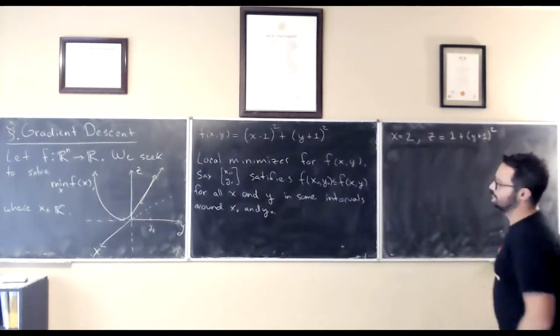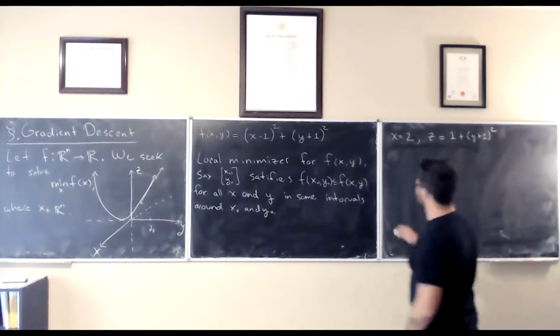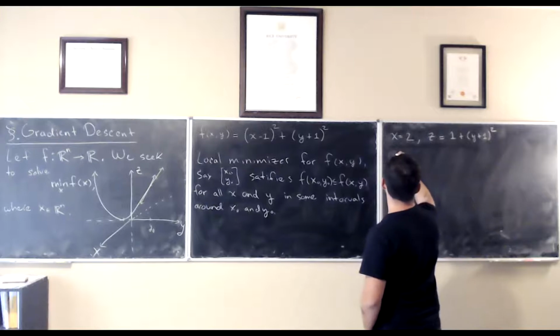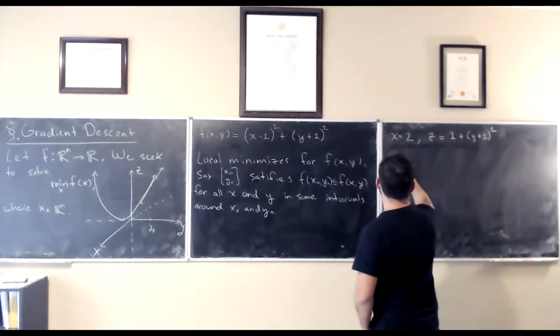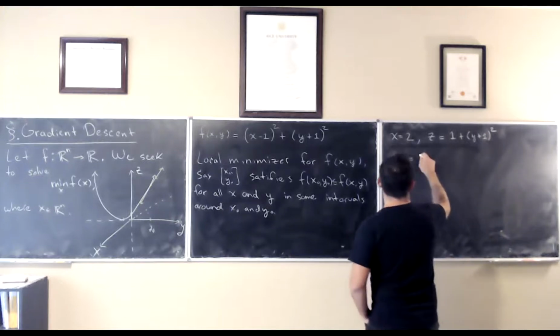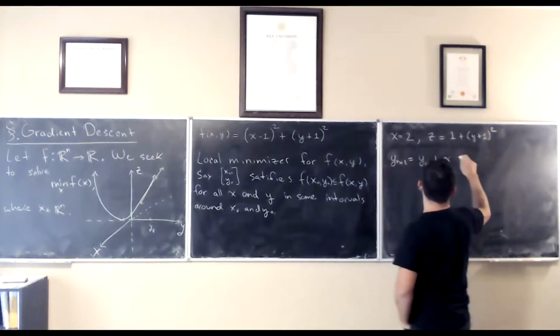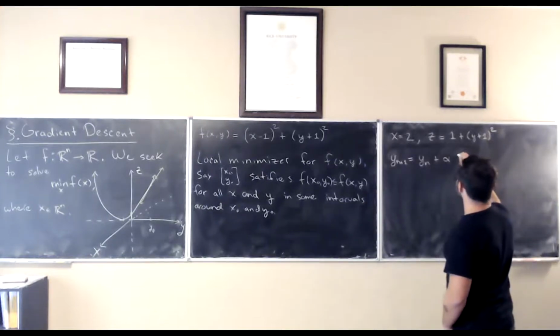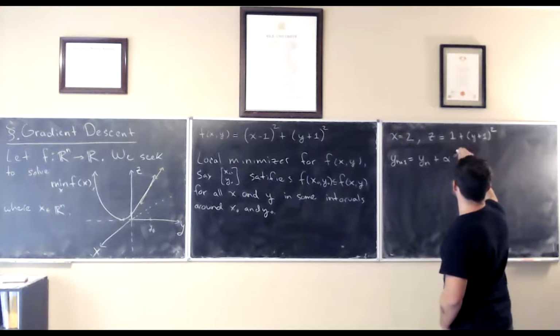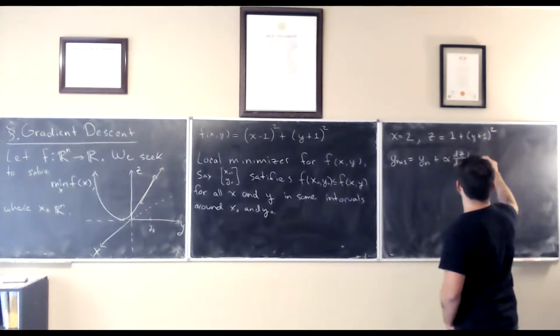What are the variables here? So y n plus 1 is going to be equal to y n plus some learning rate times the derivative of z with respect to y at y n.